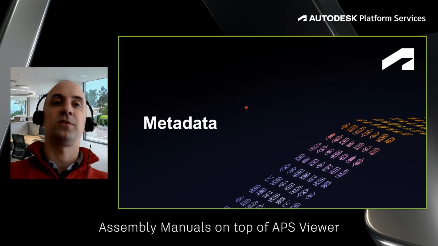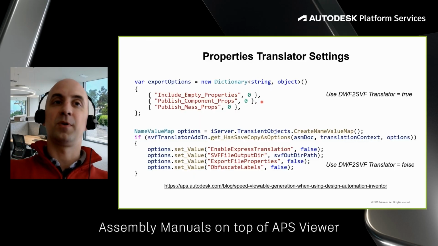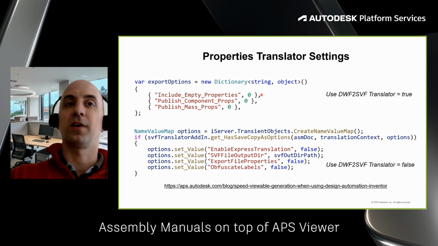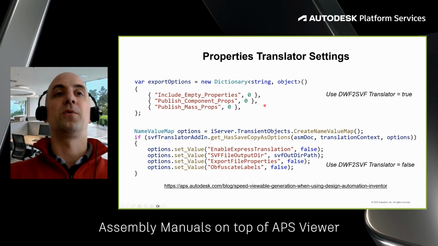So what about the metadata? As you have noticed, I have mentioned the BUF file, but first we set up both of the translators to not export Inventor properties, iProperties, and here's the way we do it.